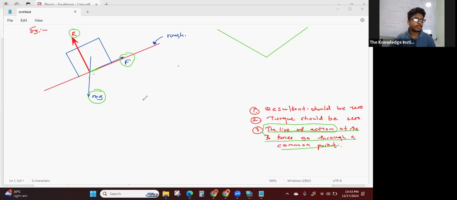Because, for example, if you have an object like this, and one person is applying a force in this direction, another in this direction, and another in this direction, then the line of action of each force should go through the common point if it's in equilibrium.